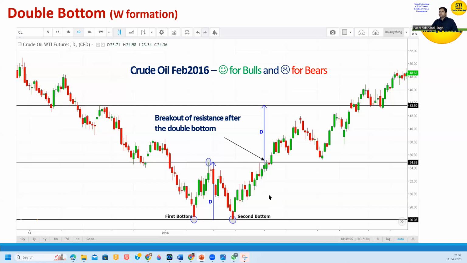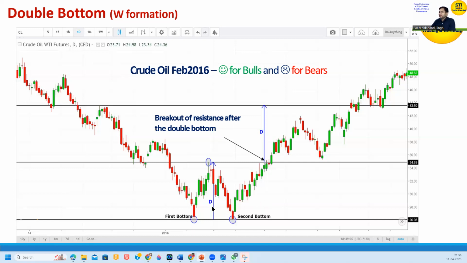As I mentioned, this phenomenon is a very happy moment for the bulls. Bulls means the traders or investors who are speculating that the price will go up. So it will be business time for them to enter the market. Bears are the traders or investors who are speculating that the price will go down, so it will not be a good scenario for them.